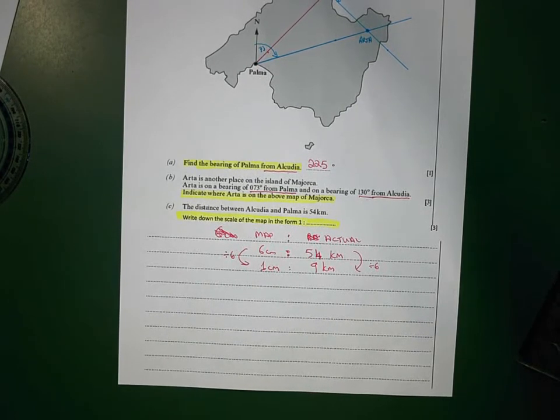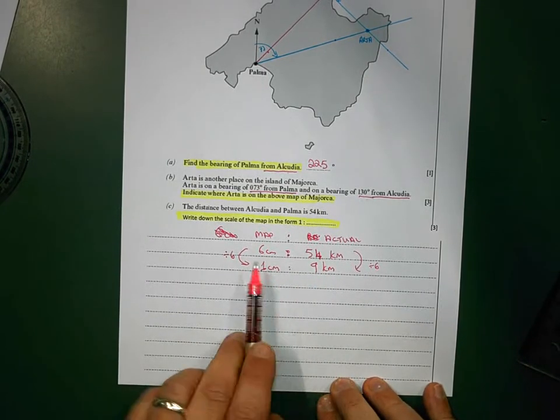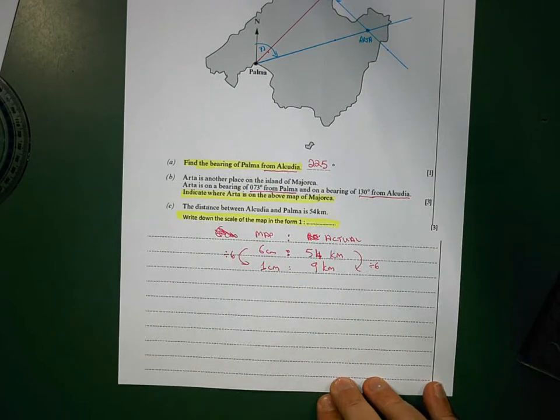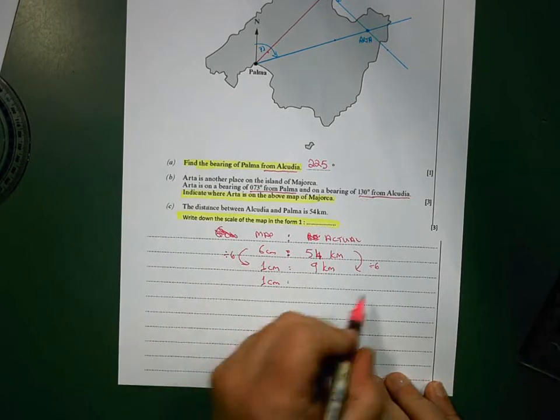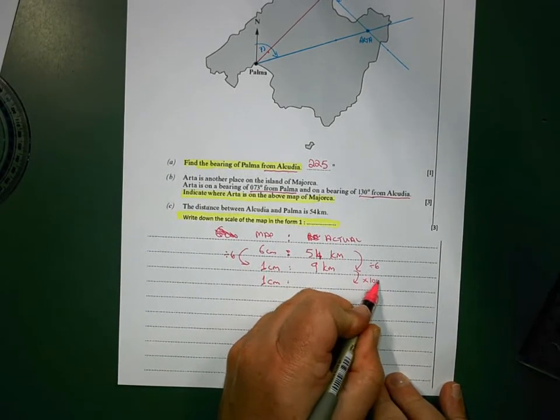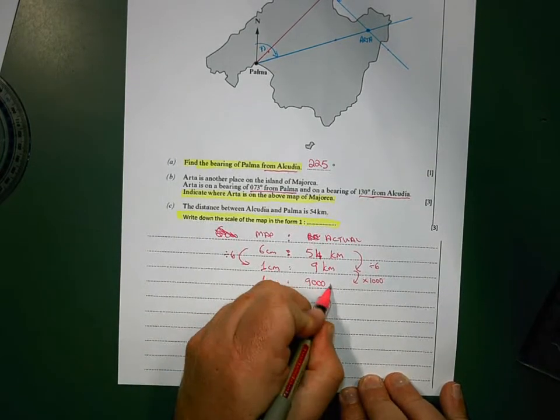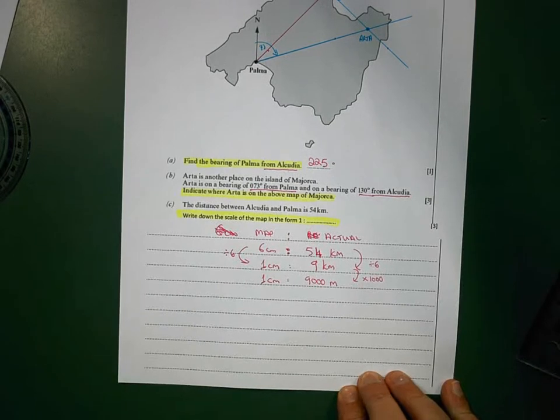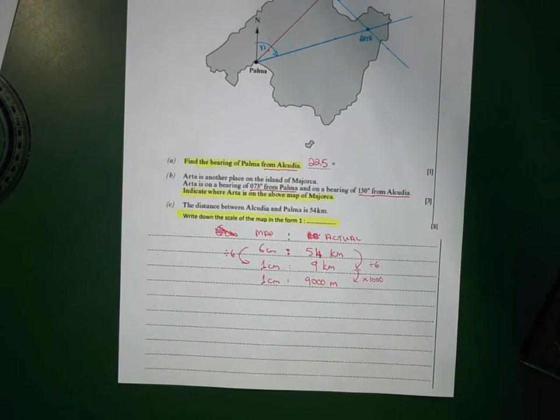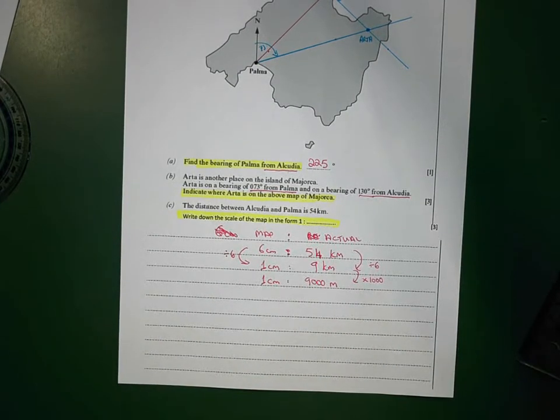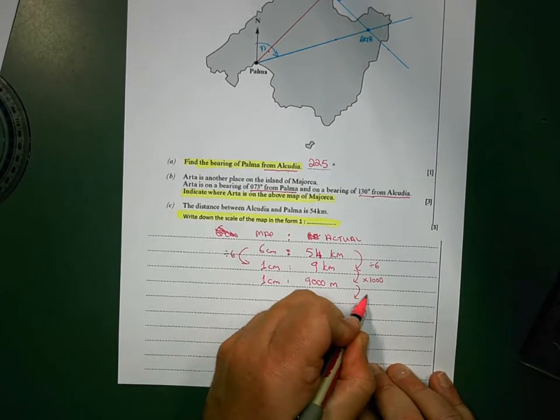The next thing I need to do now is to turn this kilometers into centimeters so it's the same units on both sides. I know that there are 1,000 meters in a kilometer. So if I times that by 1,000, it gives me that 1 centimeter on the page, on the map, is the same as 9,000 meters in real life. I don't want it in meters, I want it in centimeters. I also know that there are 100 centimeters in a meter.